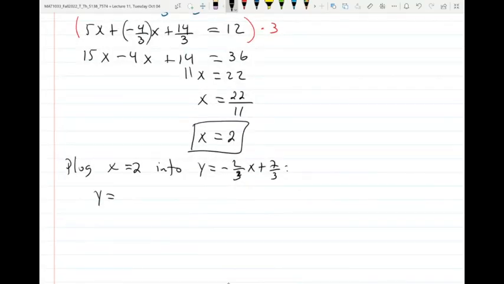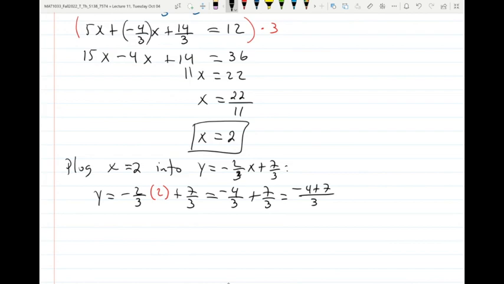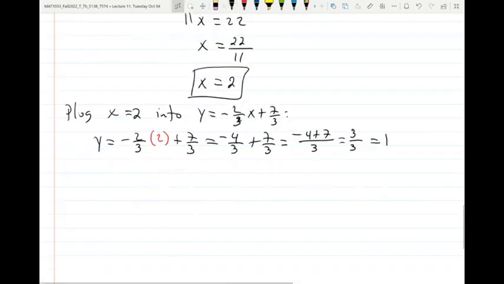So we get that y is gonna be -2 over 3 times 2 plus 7 over 3, and then compute. So that's -4 over 3 plus 7 over 3. So denominators are the same, so we just combine the top. So we get 3 over 3, which is 1. Okay? So y is equal to 1.